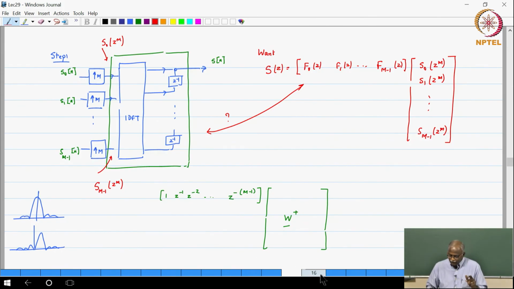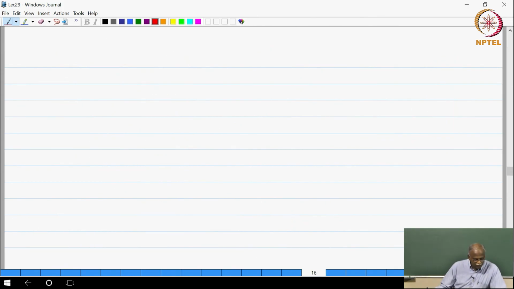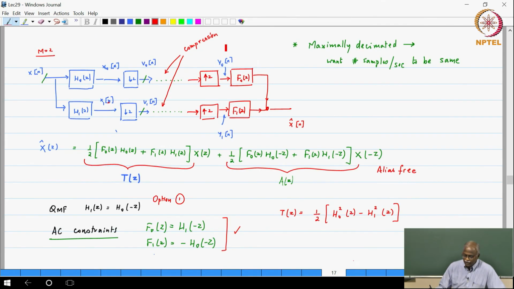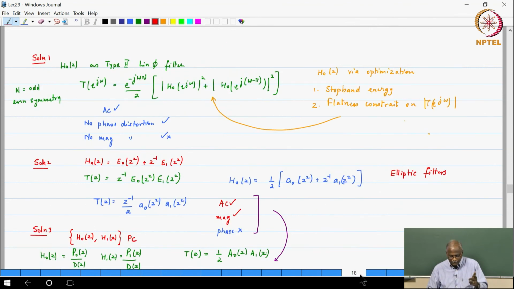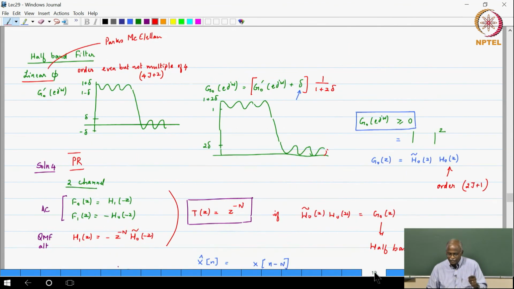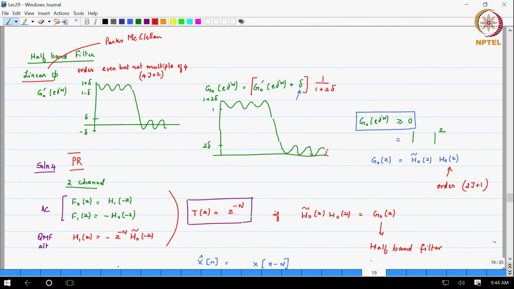Okay. Then we came to the fourth element, where we said that the QMF constraint we are going to apply slightly differently, and for that we wanted to go back and look at some other results that were available to us, and that was the property of the mth band filter.